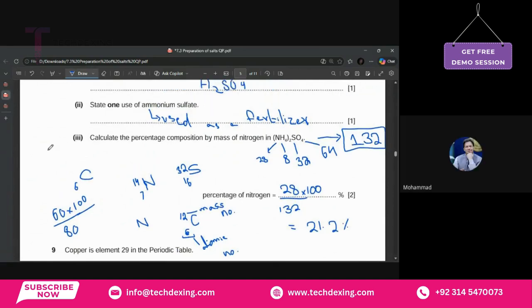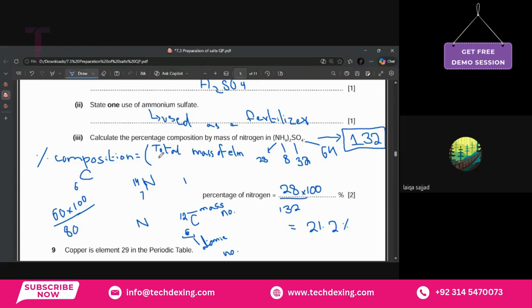I can write the general formula so that percentage composition is total mass of the element divided by the total molar mass of the compound.